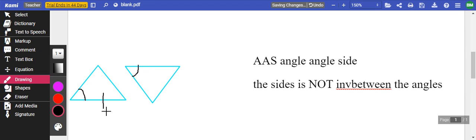We've got a side that matches. And then we might have another angle up here. Okay, angle, angle, side. The side is not in between. So let's look at some examples of these.